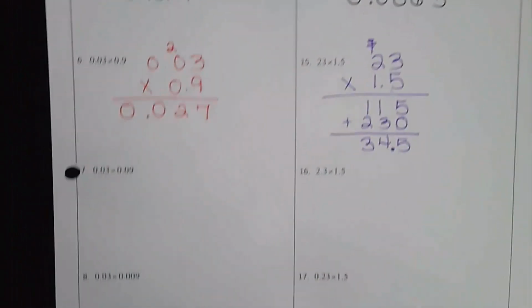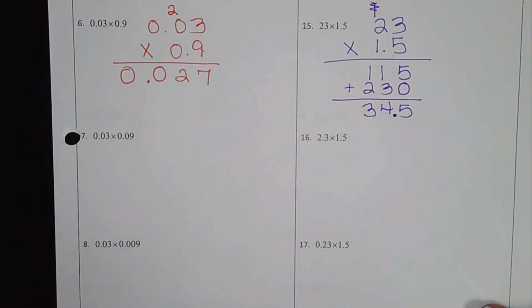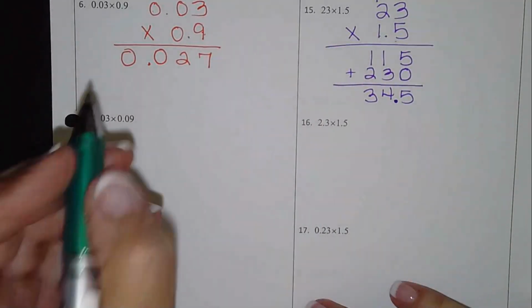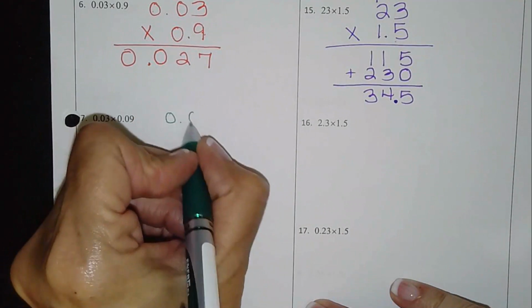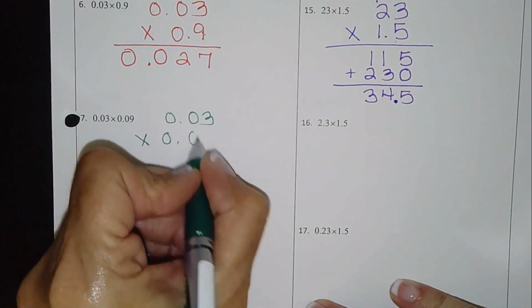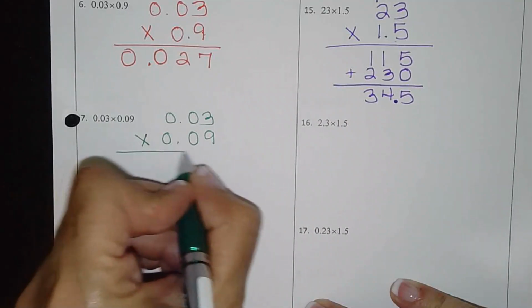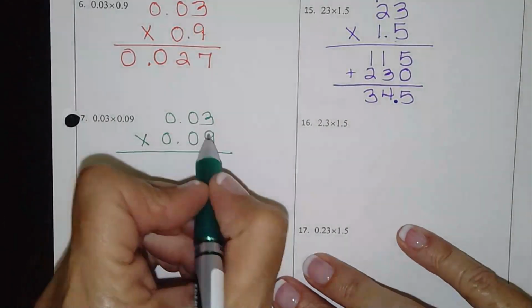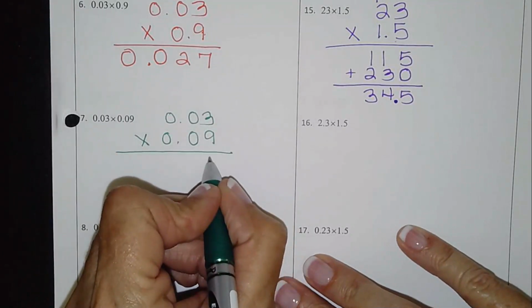Okay, 2 more for us, and then you guys can work the last 4 on your own. So 0.03 times 0.09. Oh my goodness, same numbers over and over and over again. 9 times 3 is 27.